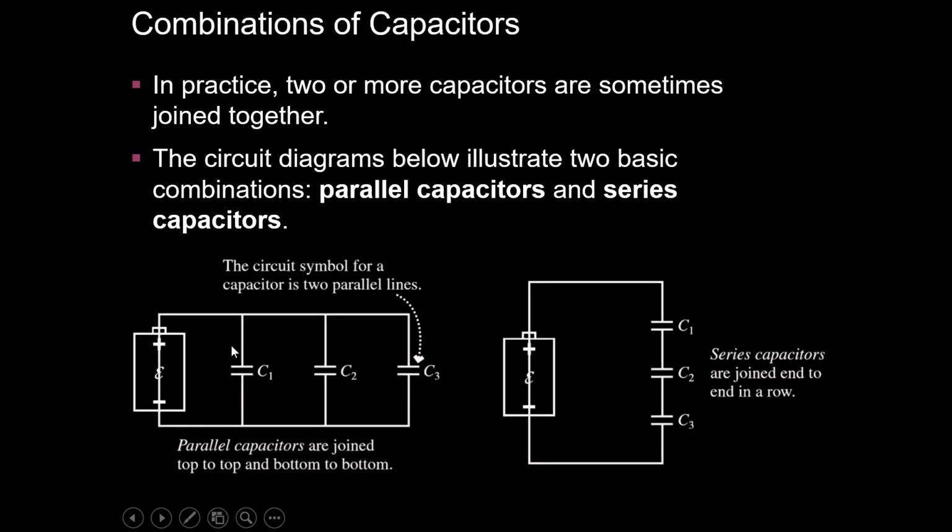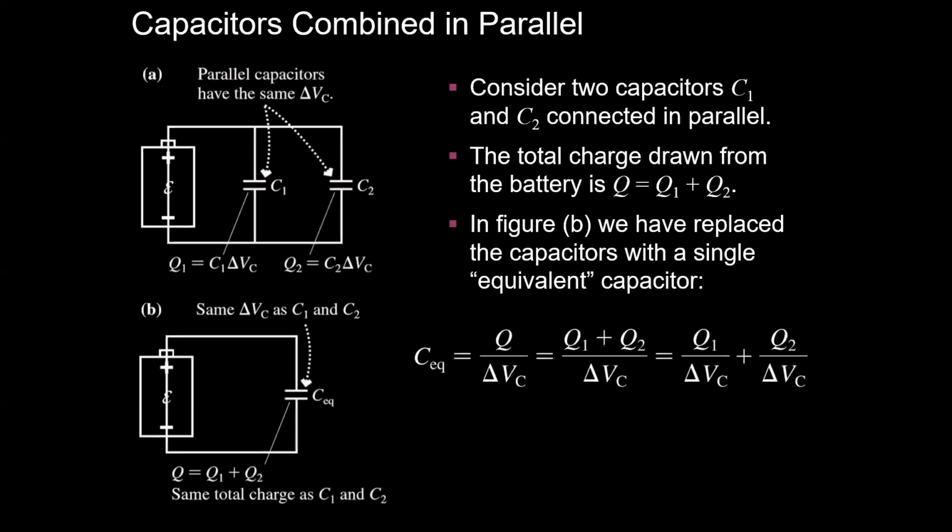Parallel means that the charge that's leaving the battery has a choice to go to any one of those three capacitors. Series means it only has one choice to go through. The current only goes through one loop. And so when we're talking about how much charge a battery delivers to a network of capacitors, we have to kind of reduce the circuit, so to speak.